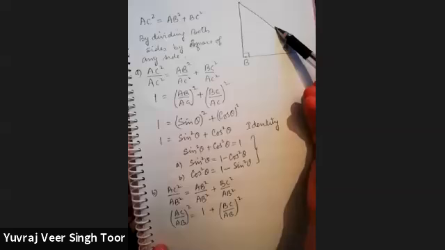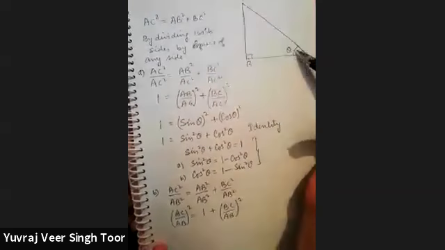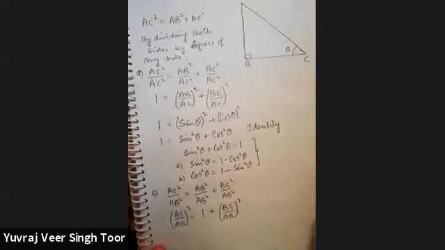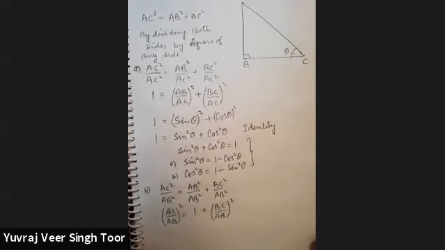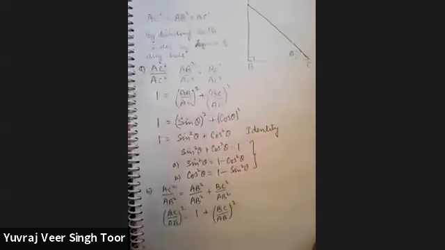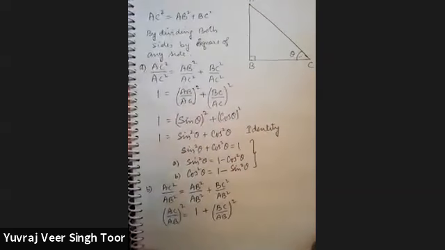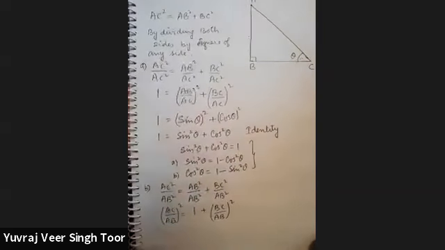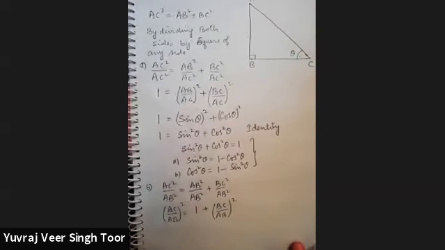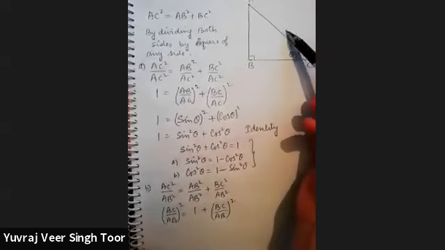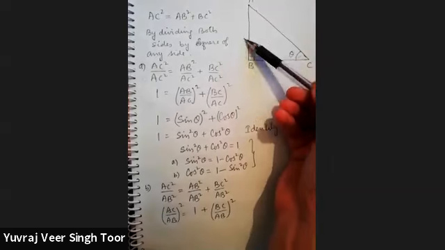This is hypotenuse and this is perpendicular in reference to this angle. So what are you getting from this? AC by AB, it's hypotenuse upon perpendicular.